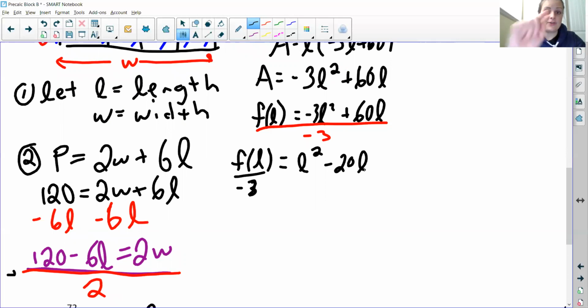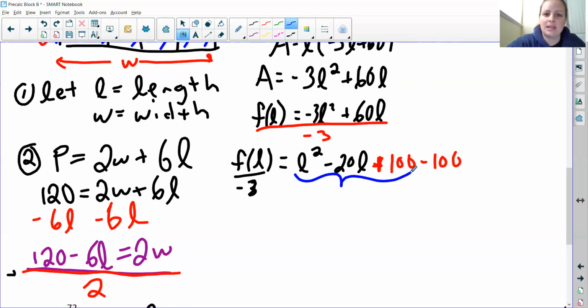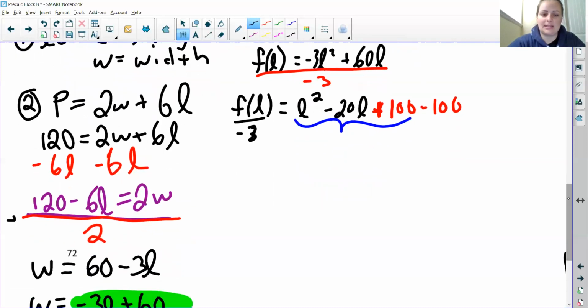Okay, from here we need to add a number that's going to give us a perfect trinomial square with those first 3 terms. So half of 20 is 10. 10 squared is positive 100. We can't just willy-nilly add positive 100, so we have to also subtract 100. We are then going to take these first 3 terms and rewrite them as a square.